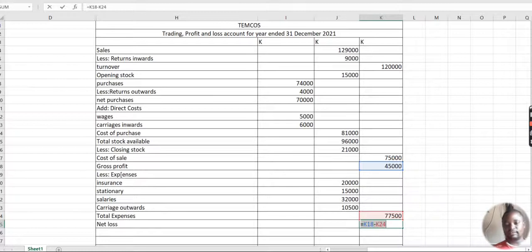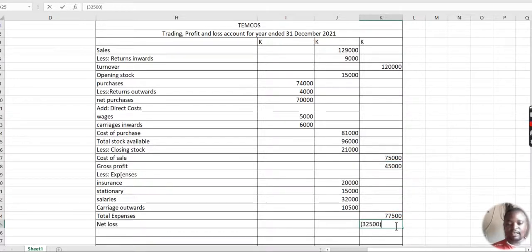Is it 32,500? Yeah. So we said equals this minus this, giving us what? It's giving us 32,500. So that 32,500, we are going to put it in brackets because it's in negative.